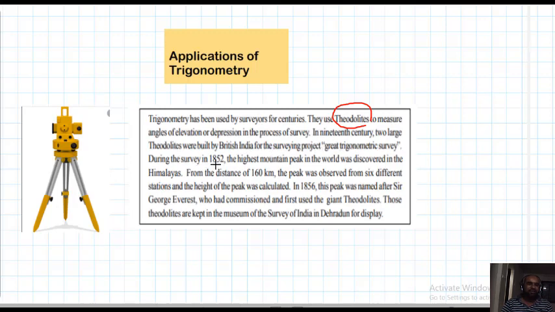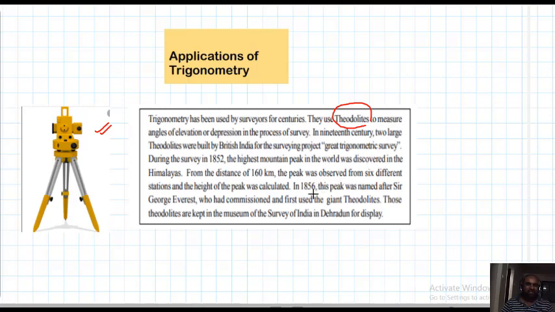During the survey in 1852, the highest mountain peak in the world was discovered in the Himalayas. From a distance of 160 kilometers, the peak was observed from 6 different stations and the height of the peak was calculated.